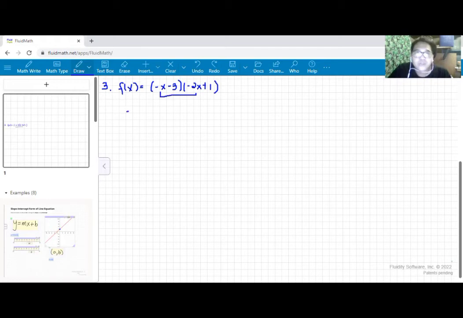So we have 2x squared. Negative x multiplied by 1 gives negative x. Negative 3 multiplied by negative 2x is positive 6x. And negative 3 multiplied by positive 1 is negative 3. Now we combine like terms. The like terms are negative x and positive 6x.